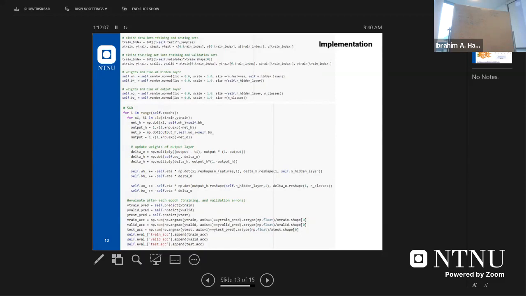The number of weights, number of omega values, will be number of features multiplied by number of units in the hidden layer. The bias will be number of units in the hidden layer. Right? For the output layer, it will be number of hidden layer units multiplied by number of classes. And the bias of the output layer will be number of classes.